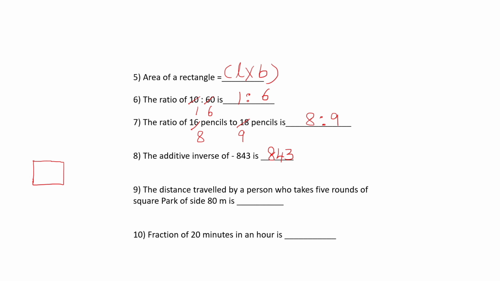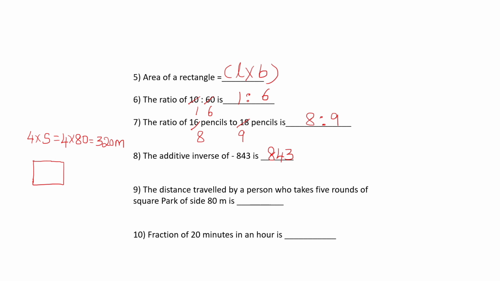To find the perimeter of a square, yes, we need to multiply 4 into side. So 4 into 80 is equal to 320 meters, right? So the perimeter of the square park is 320 meters.